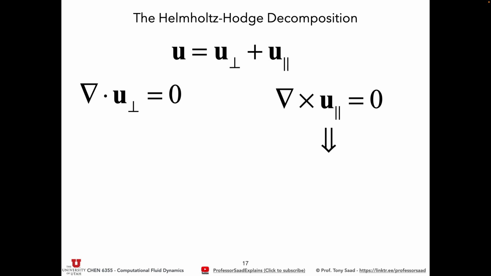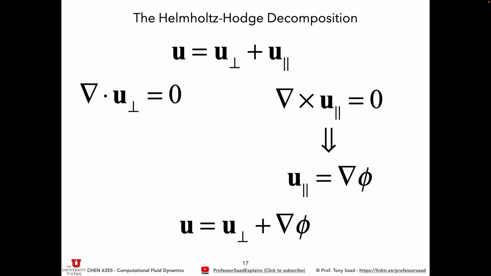Irrotational. It is potential. It's a potential, right? It's the gradient of a scalar. Okay? It is the gradient of a scalar. So in other words, you could say that any vector field is an incompressible component plus the gradient of a scalar, any well-behaved vector field.